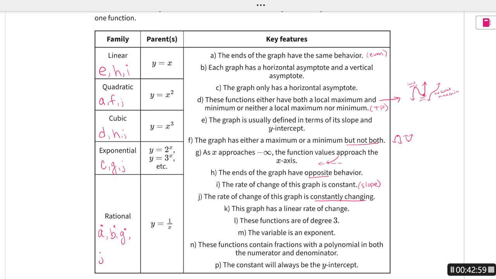Okay, K. This graph has a linear rate of change. So let's think about that statement. Really, that's talking about sort of the second difference. So it's not a constant rate of change. A linear rate of change. So linear, right? Rate of change meaning there is a pattern to the rate of change. So that's actually going to be a quadratic graph.